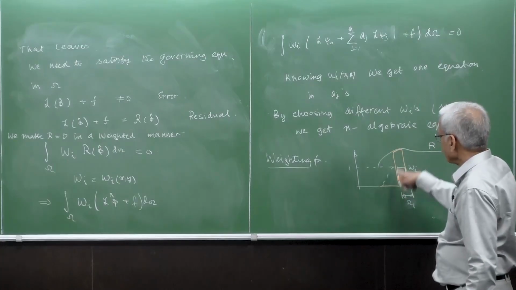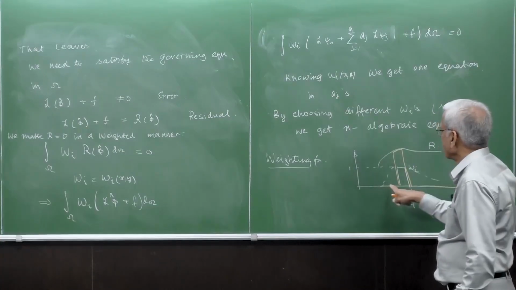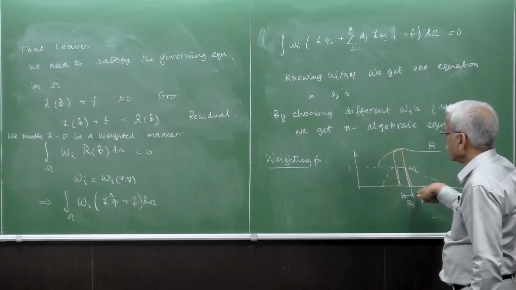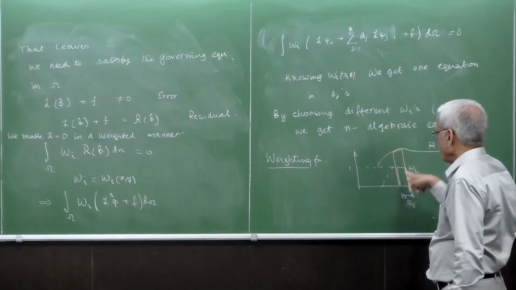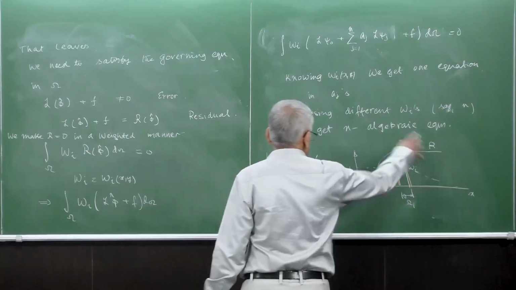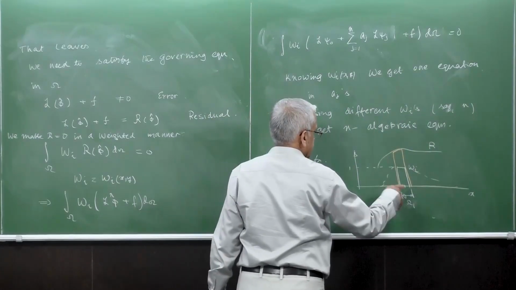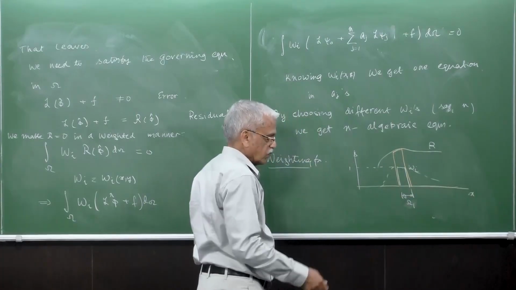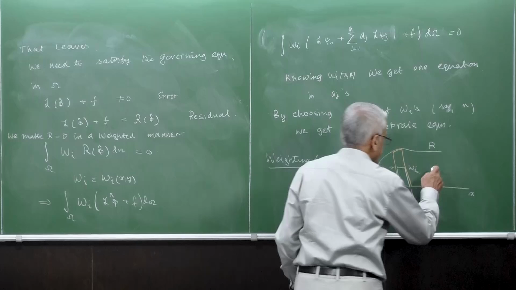So what it means is that the whole product here is just the integration of this brown line. This is what we mean by giving weightage or giving magnification. So the whole residual, when you take the integral, is nothing but only the integral of this part. Like this, you can have different weighting functions.